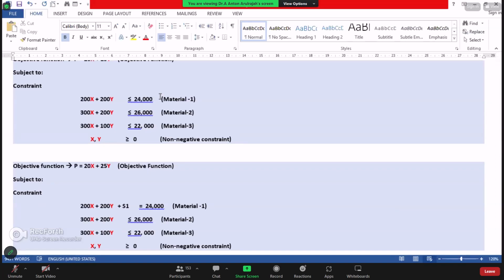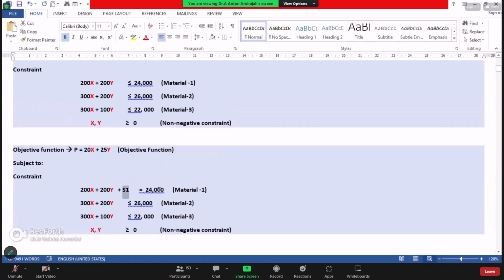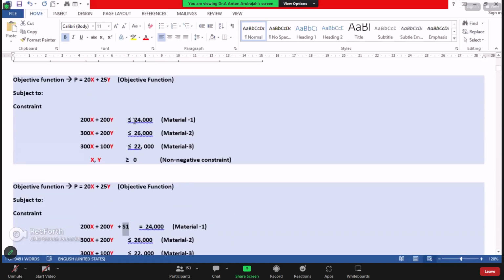If it is less than that, a variable is needed for the balance resources. Say for example, there are 24,000 kilograms of material, and we are using only 20,000 per month.